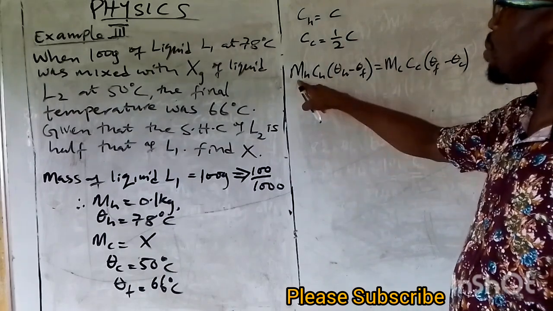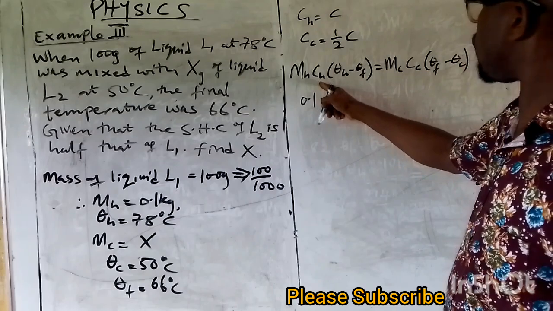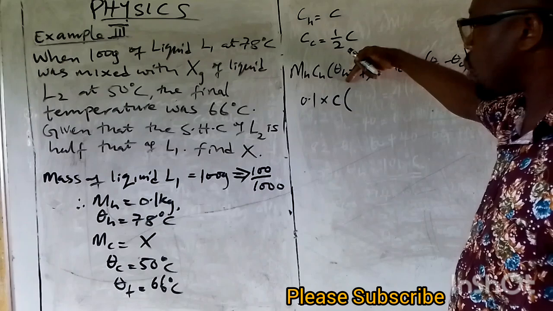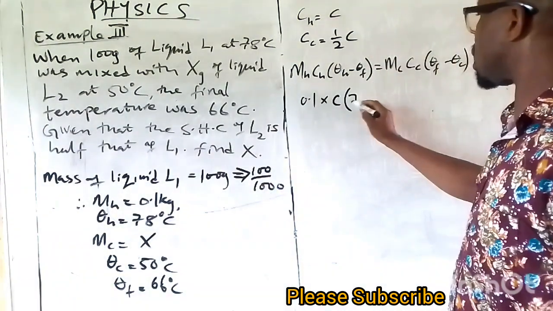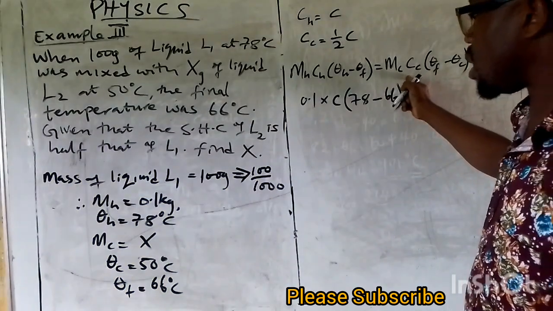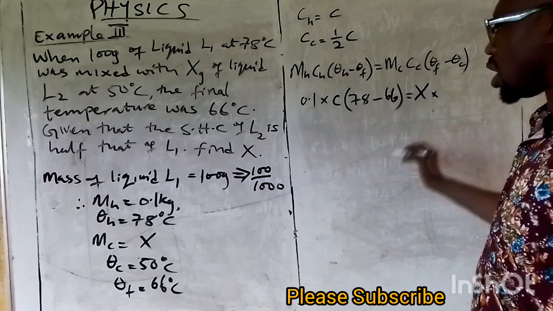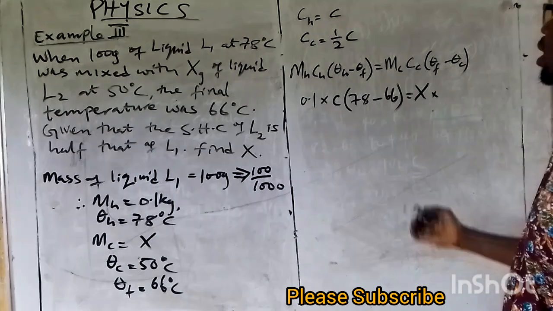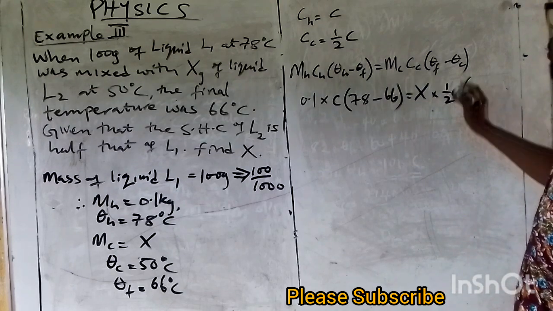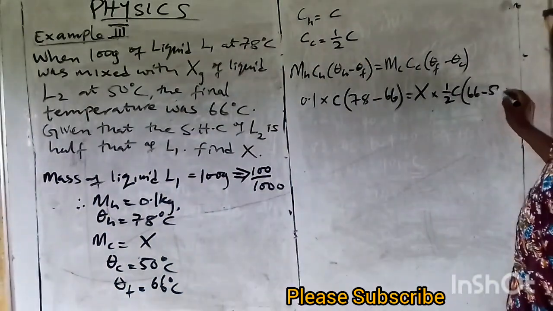Now we substitute. Mass of hot water by conversion gives us 0.1 times the specific heat capacity of the hot water, C, into (temperature of the hot object, 78 degrees, minus the final temperature, 66), equals mass of the second one, which is X, times specific heat capacity, which is half of the hot one, half C, into (final temperature 66 minus the temperature of cold water, 50).